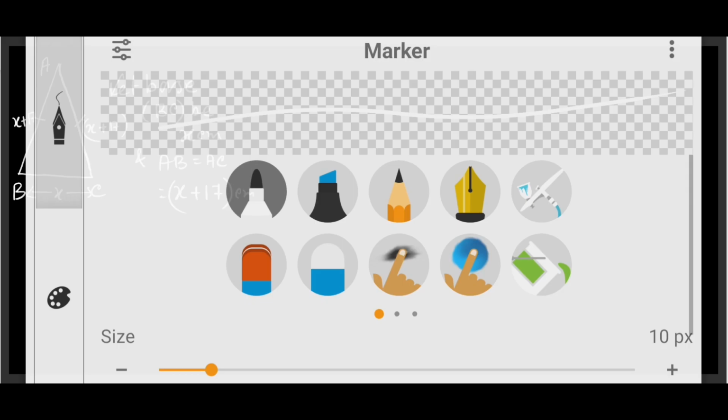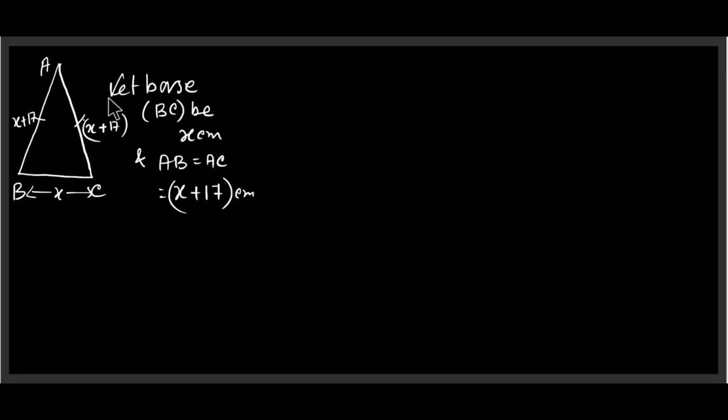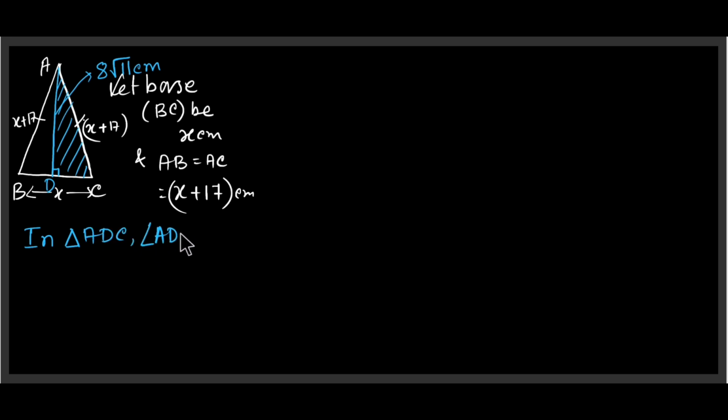Now let's draw an altitude from A to BC. This is the altitude. So the length of this altitude is given in the question as 8 root 11 centimeter. So let us name this altitude AD, and consider this triangle. In triangle ADC, angle ADC is 90 degree.